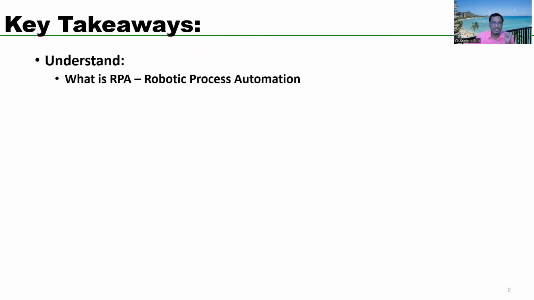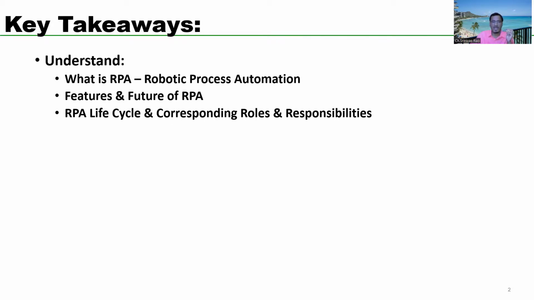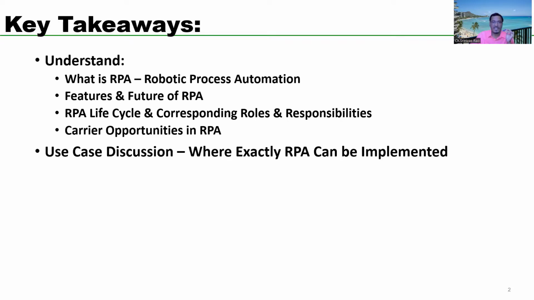You're going to understand exactly what is robotic process automation, what are the features of robotic process automation, what is the RPA life cycle and corresponding roles and responsibilities required to roll out the RPA project, what are the key benefits to the client and why clients have gone for RPA solutions, why clients are eagerly waiting for RPA solutions, and what kind of career opportunities there are in RPA.